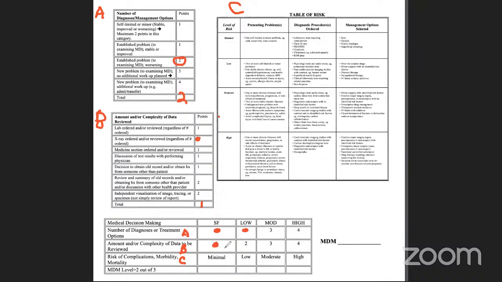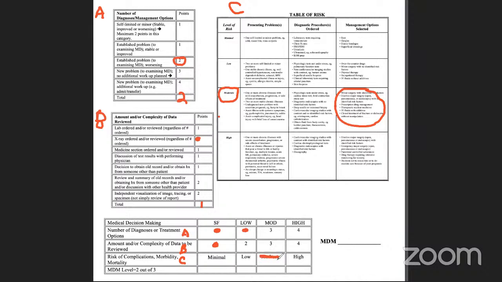And then lastly, we go to the table of risk. And basically what they're going to do is a simple mastectomy, which puts us over here, which makes the overall risk moderate. And so I'm going to bring that down here.